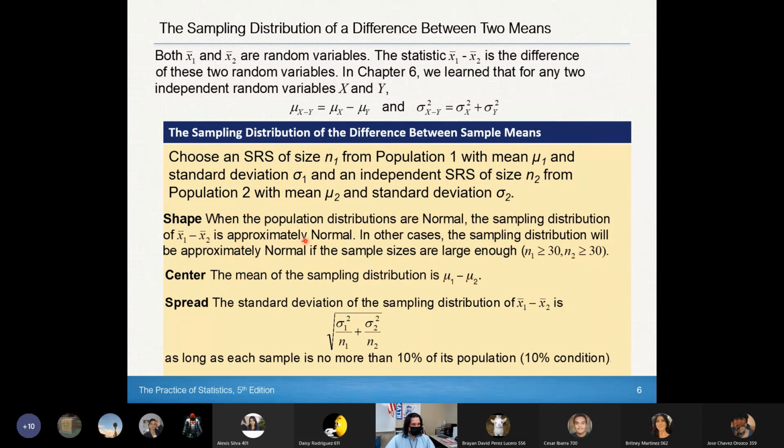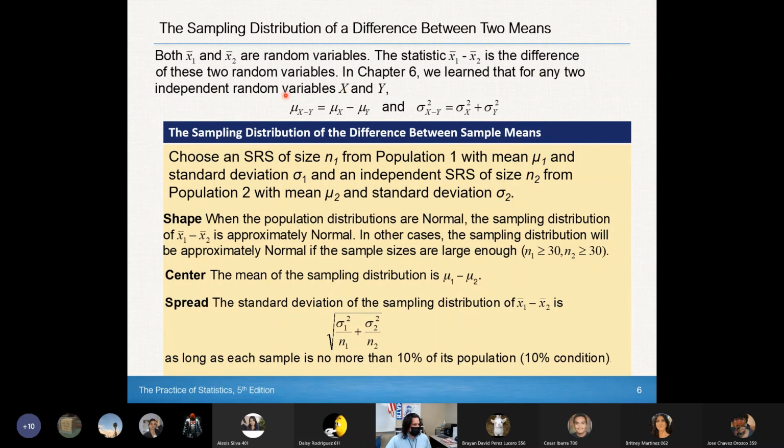So we know that we'll have a distribution that's approximately normal if the parent populations are both normal, or if the sample sizes of both samples are large enough, greater than or equal to 30. The mean of the sampling distribution, our center, is the mean of the first population minus the mean of the second population.